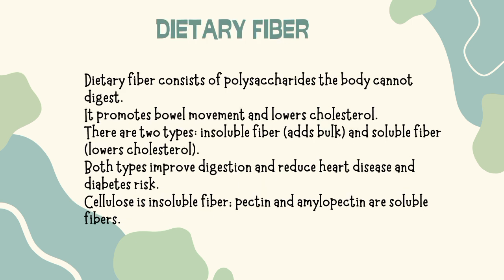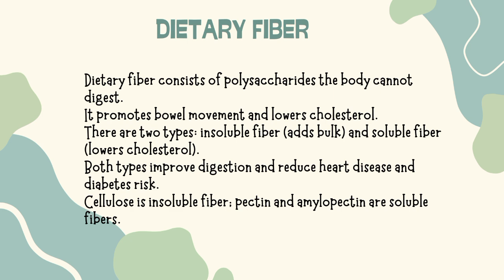Dietary fiber is made of polysaccharides that the body cannot digest. It helps move food through the intestine and lowers cholesterol. There are two types of fiber, insoluble fiber and soluble fiber. Insoluble fiber adds bulk to stool and prevents constipation.